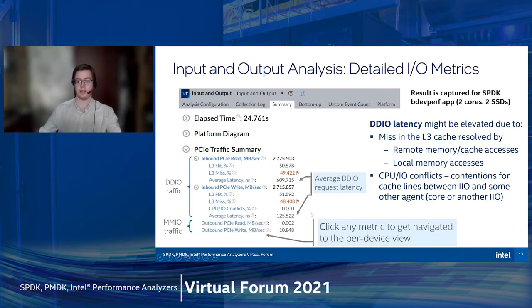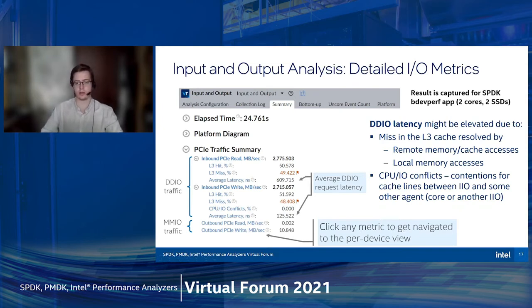So basically, latency might be elevated due to two things. We either have a miss in the L3 cache, and this miss is addressed by reading the data from the remote memory subsystem or local memory, which will have slightly different latencies. And the other reason why latency might be elevated is CPU I/O conflicts.